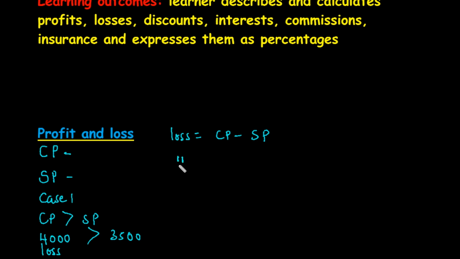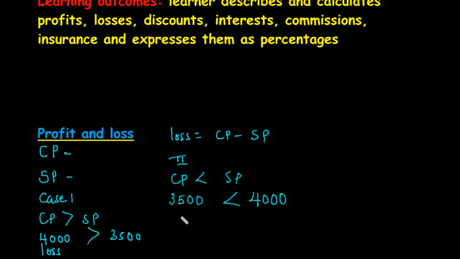Case number 2, when the cost price is less than the selling price. What do we mean? Suppose a retailer buys a kilogram of sugar at 3,500 Ugandan shillings. Afterwards, he sells that kilogram of sugar at 4,000 Ugandan shillings. What does that mean? The cost price is less than the selling price.